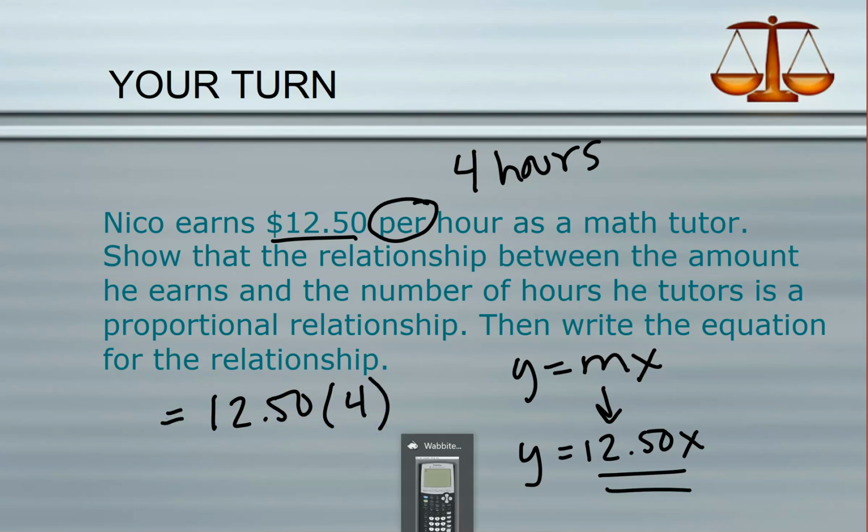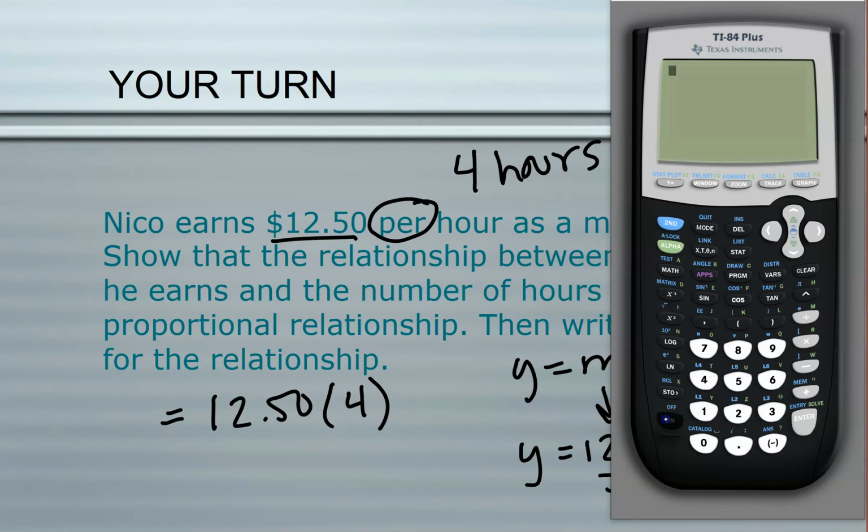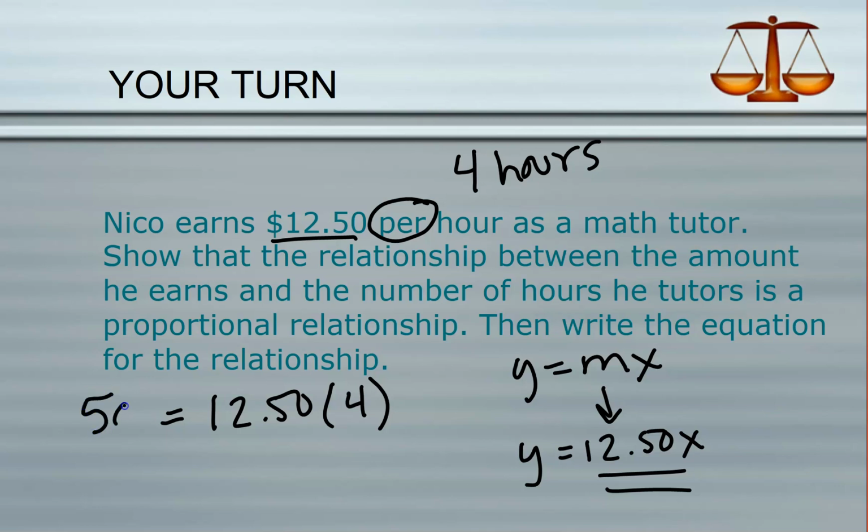And then you can figure out how much he got paid for 4 hours. So $50. So this is how we use the equation.